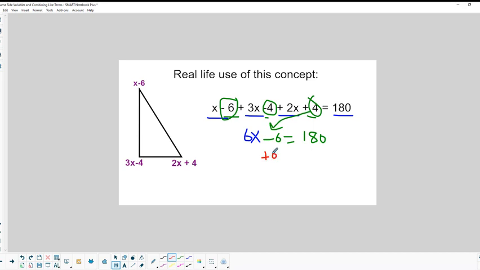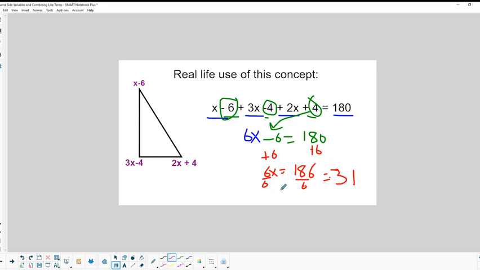So if I add 6 to both sides, I end up with 6x equals 186. Well, if I divide by 6 here, 6 goes into 18 3 times. And 6 goes into 6 one time, so our total is going to be 31.